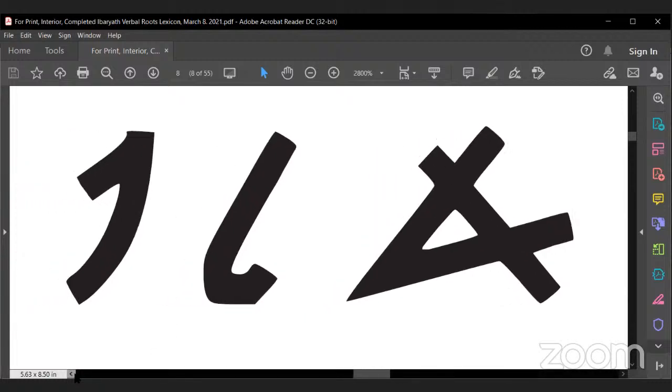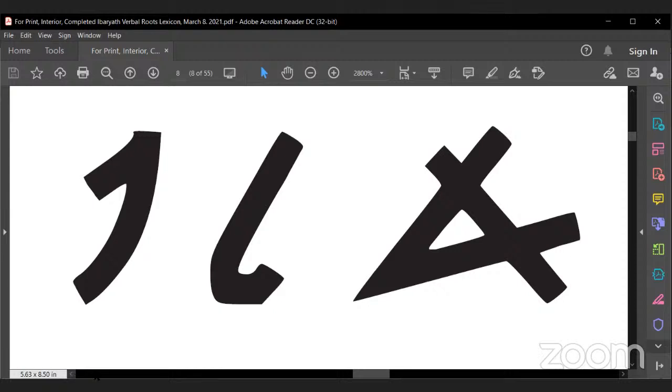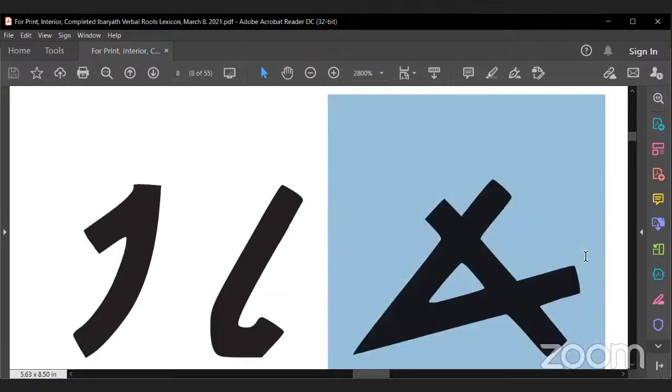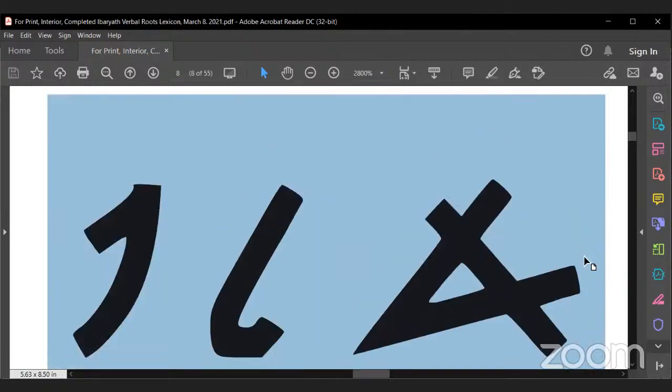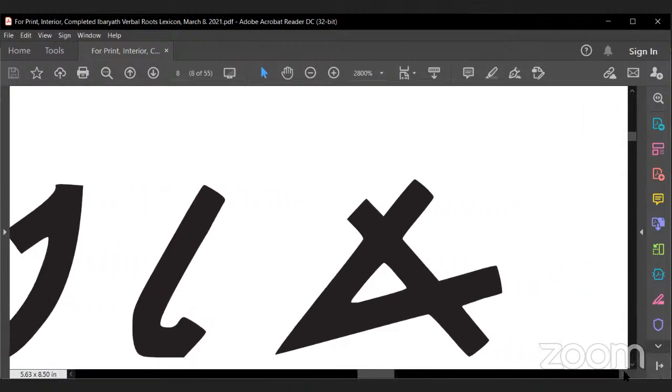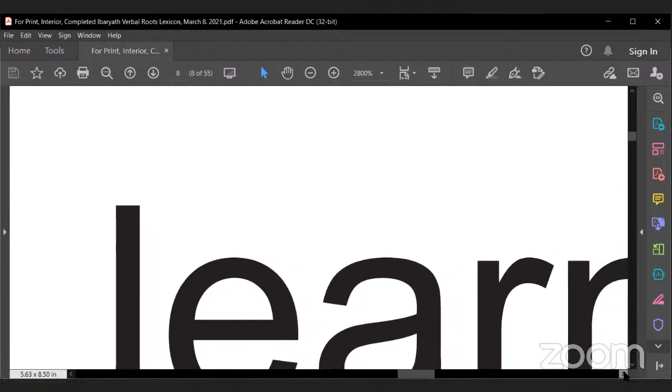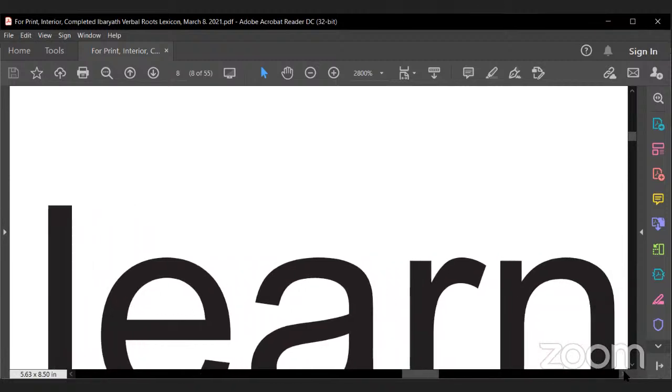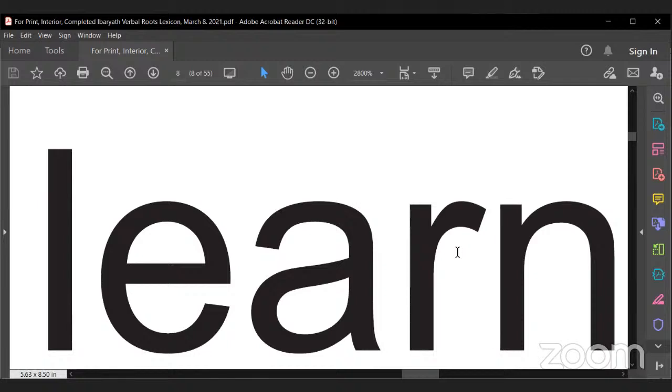So our Ibaryath root word for the day is alapa. We'll say it together fast, alapa, or normal, alapa. Our Ibaryath root word for the day is alapa, and alapa in English is translated as learn. So alapa in English means learn.